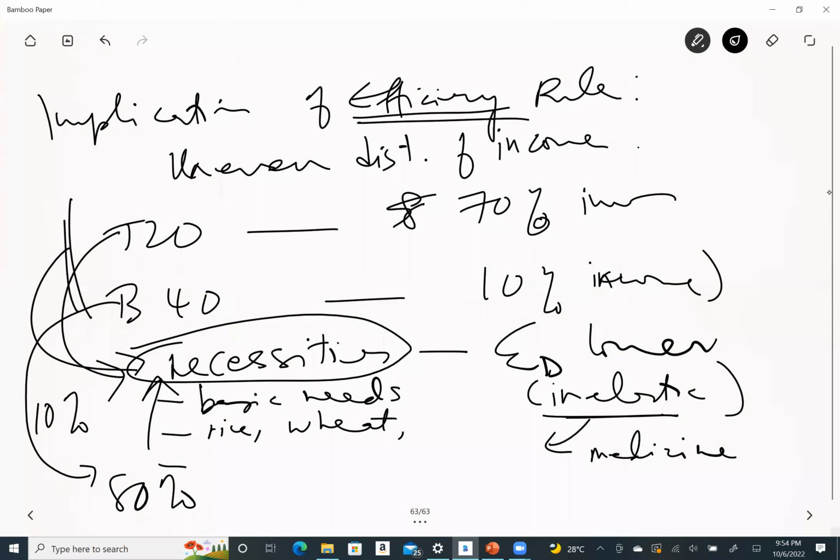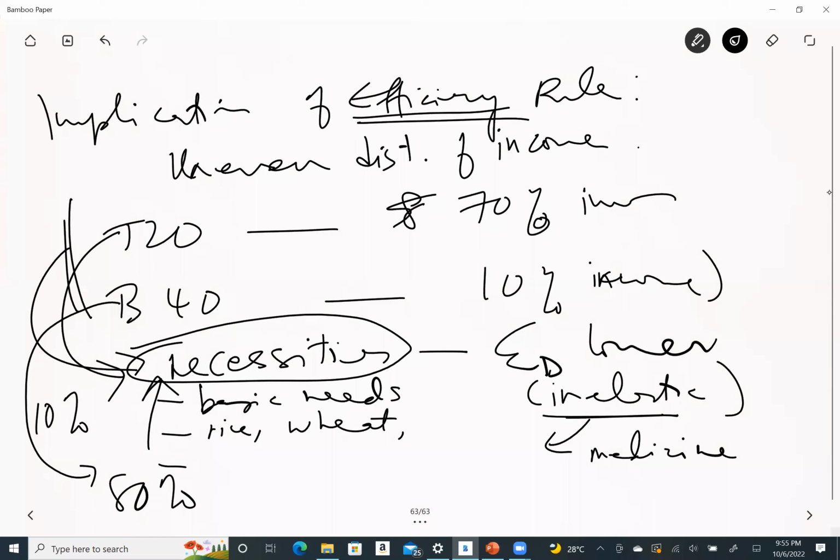Well, what happens? The B40 will spend 120% of their income. You see, the B40 will be worse off. When the B40 are worse off, if you are the government, and the B40 make up more than 50% of the voters, what happens in the next election?